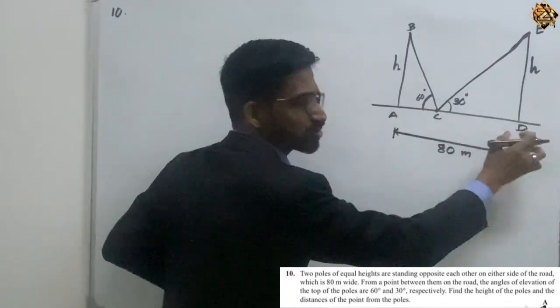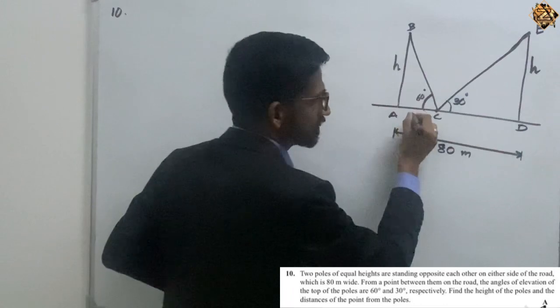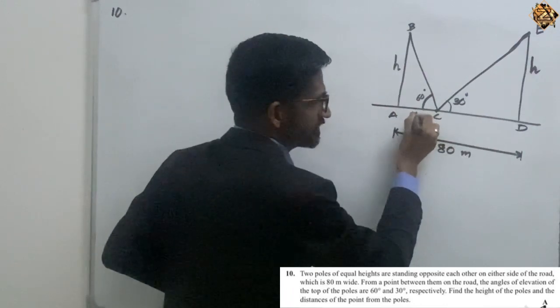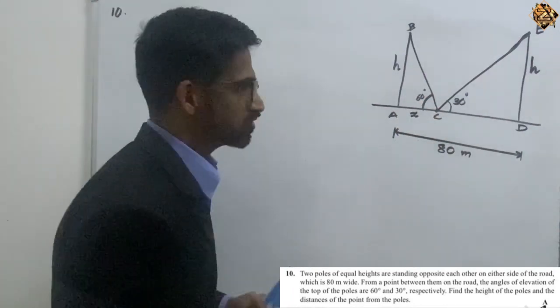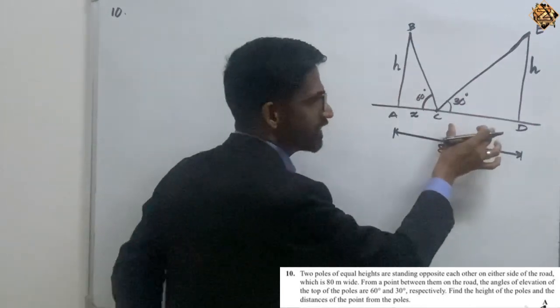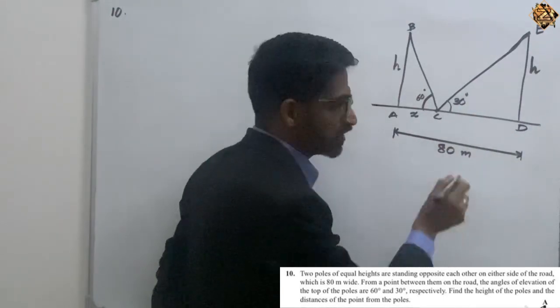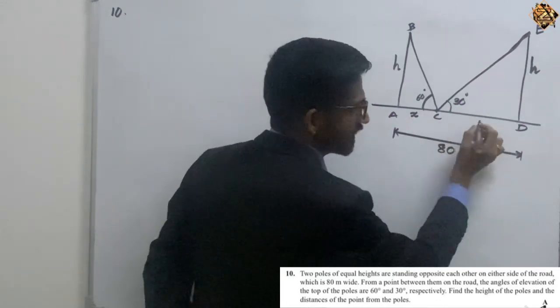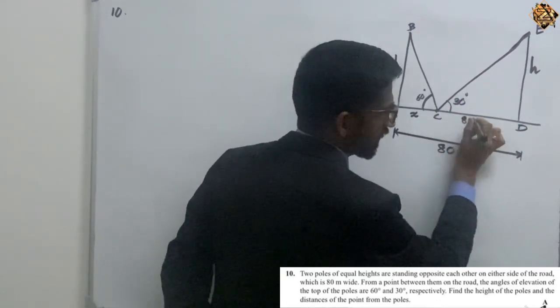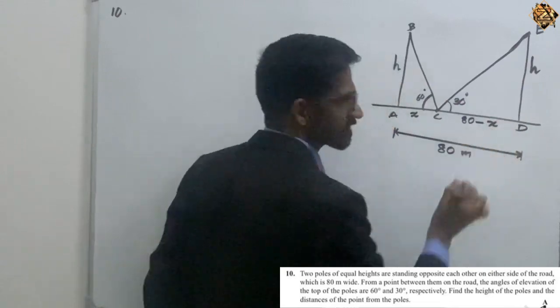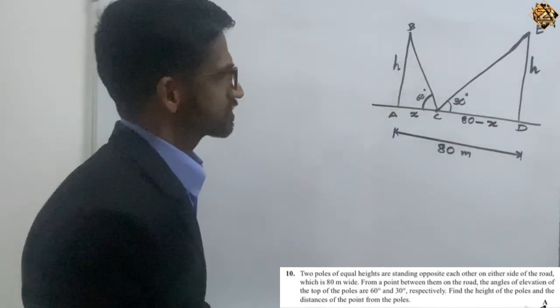It's the total width of the road. So what we will do is, let AC be x. If so, what will be the length of CD? The total length is 80. So if AC is x, then CD will be 80 minus x, isn't it?